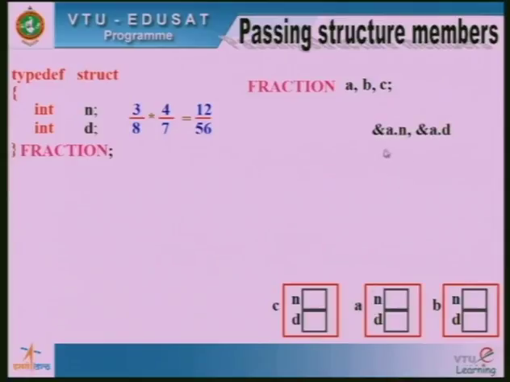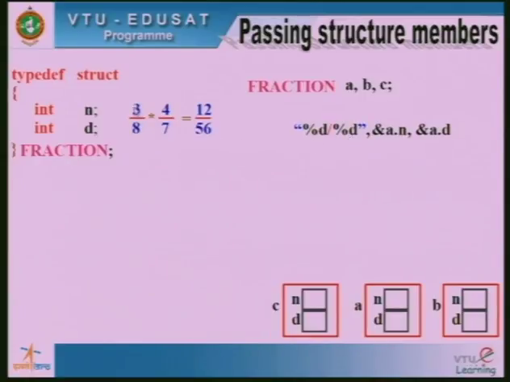So, here I write ampersand A dot n, and to access the other, ampersand A dot d. So, here I have to enter one integer, and this is another integer. So, I require how many fields? 2 fields, and both are of type what? Integer. So, here 3 divided by 8, this is 3, then I have to write one slash, and here I have to write what? 8.